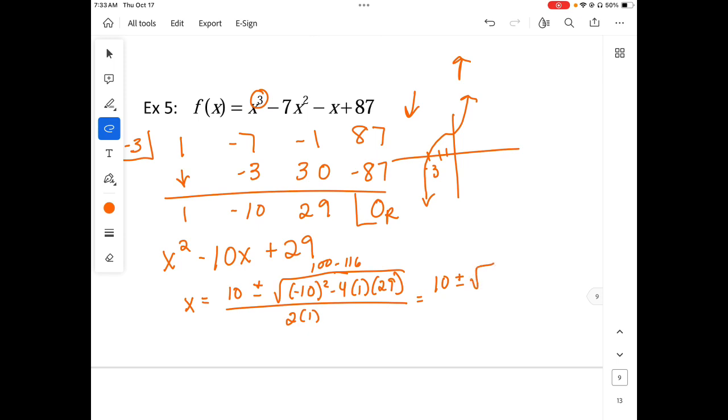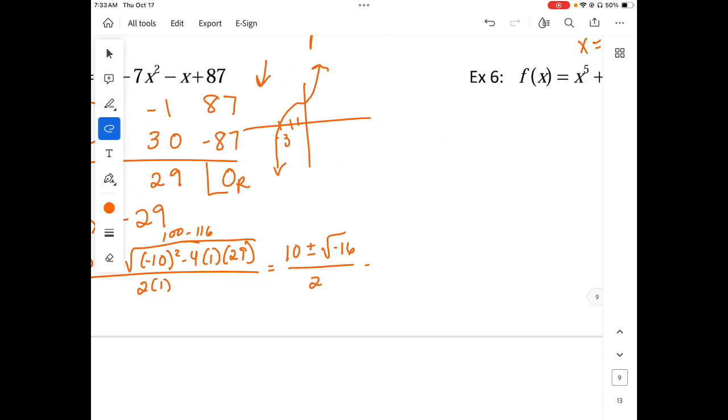So that gives us square root of negative 16 over 2, which is 10 plus or minus 4i over 2. We can simplify it even more. Divide by 2 all the way through. 5 plus or minus 2i. So then our zeros are negative 3, 5 plus 2i, and 5 minus 2i.